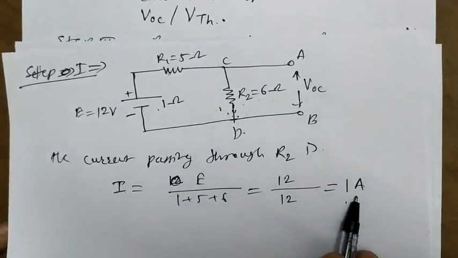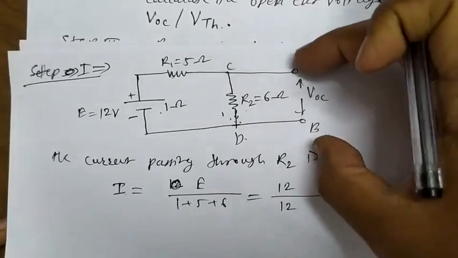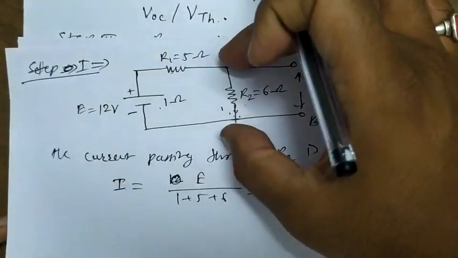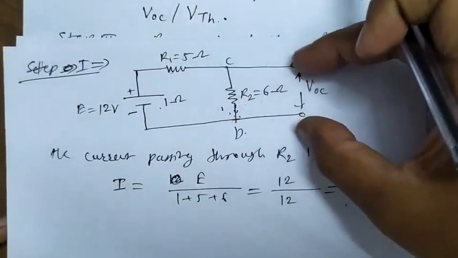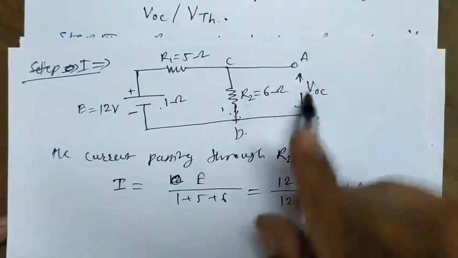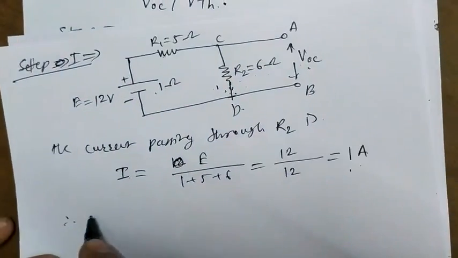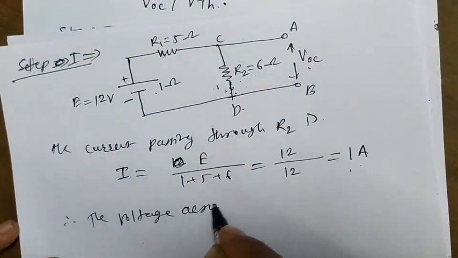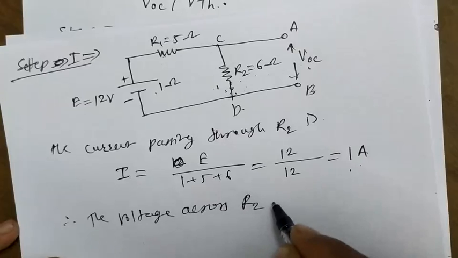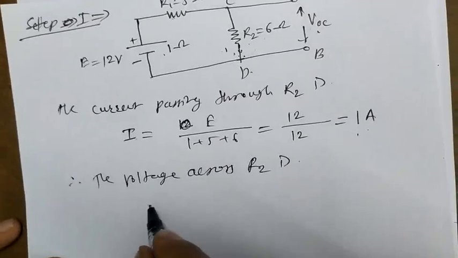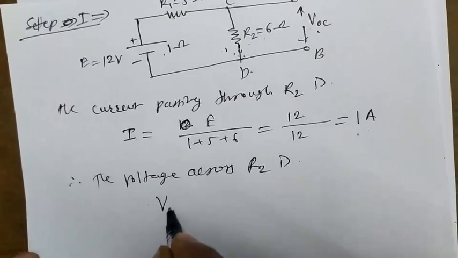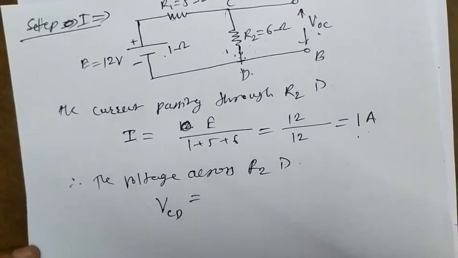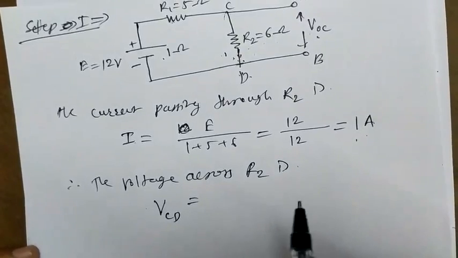Now we have to find out the voltage across A and B. We can find out the voltage across R2. That voltage across R2 will be equal to the voltage across A and B, that is the open circuit voltage. Therefore the voltage across R2, that is the voltage across CD, is equal to V equal to IR.